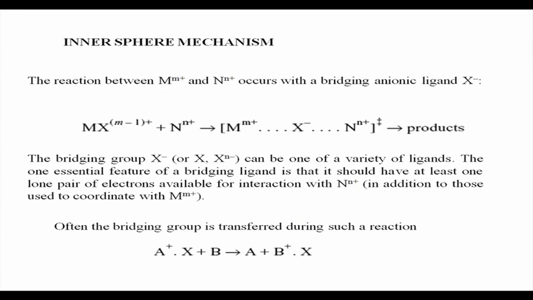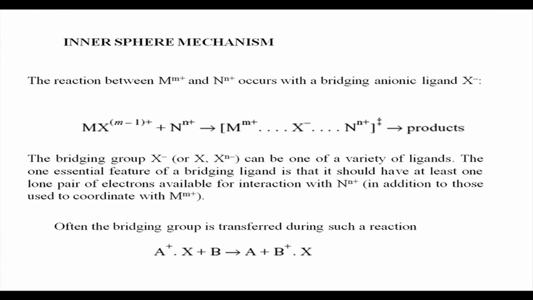The bridging group X minus can be one of a variety of ligands. The one essential feature of a bridging ligand is that it should have at least one lone pair of electrons available for interaction with n plus, in addition to those used to coordinate with m plus. So this X minus will coordinate with one pair, and there may be an additional pair which will coordinate with n plus.